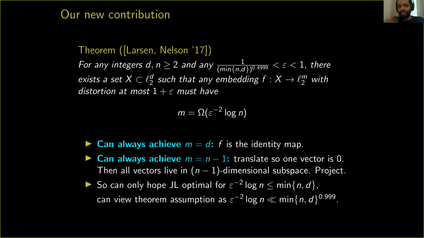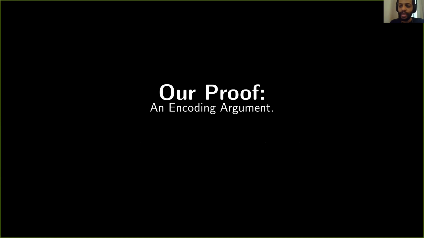Our condition in the theorem is basically just saying that as long as you're not right up on these two trivial embeddings, the identity map and this other one, then the lower bound holds. So as long as the JL bound is sufficiently far away from the min of n and d, the lower bound holds. Our proof is via an encoding argument, which is just another name for the pigeonhole principle.